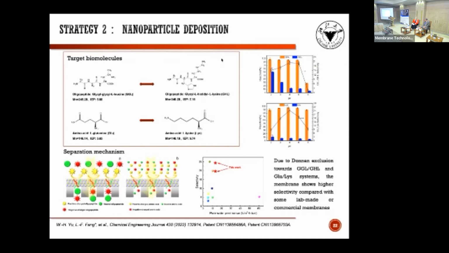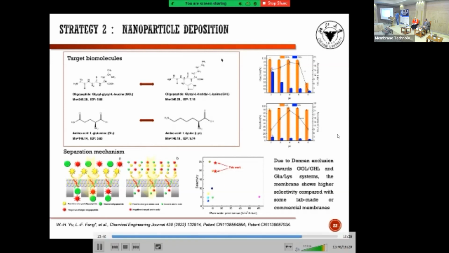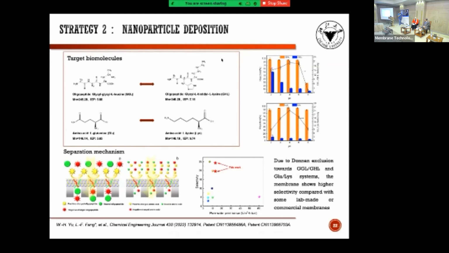In contrast, GHL maintained a relatively stable rejection over 90% in the neutral and acid conditions due to its stable and strong positive charge, resulting in intensive Donnan exclusion. However, the rejection of GHL has a sharp decrease in the alkaline environment, since GHL becomes negatively charged and attracted to the positive membrane surface, resulting in easy transport through the membrane.